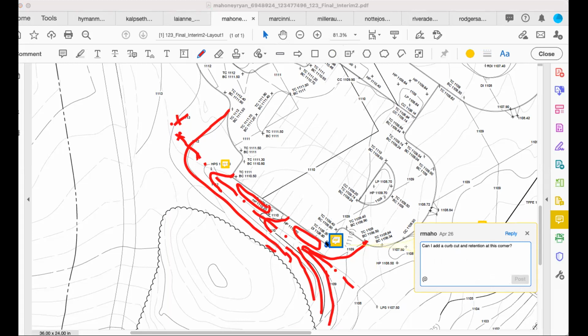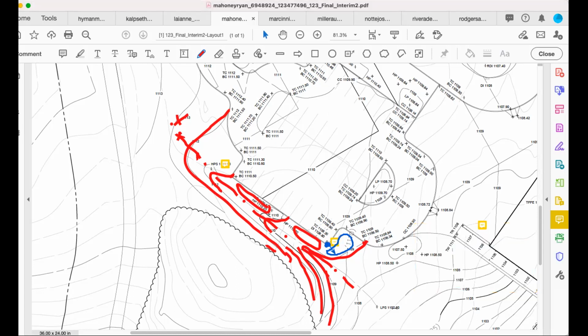The DI goes with the curb cut, and then the bar retention would be in this area, having a direct connection from that curb corner to this retention area. Right. All right. Double check. Yep, that's correct.